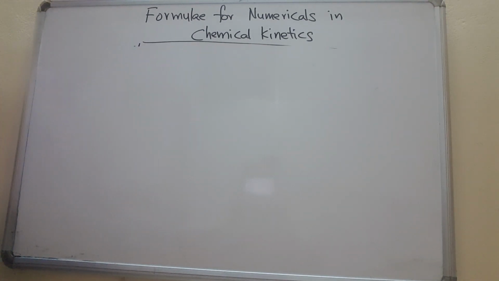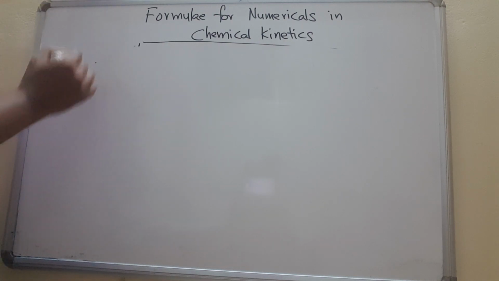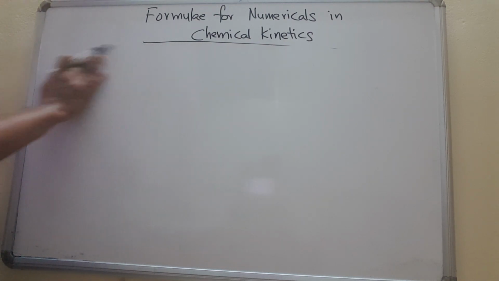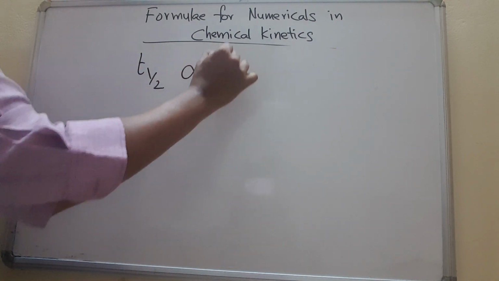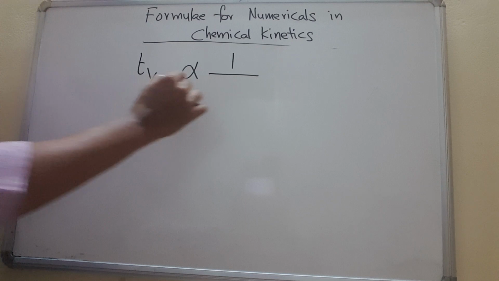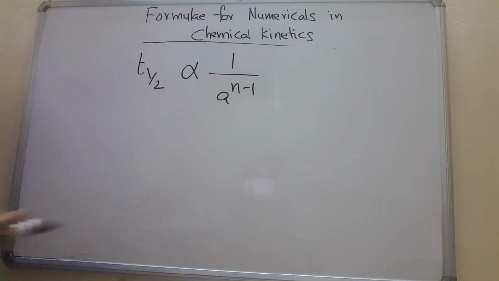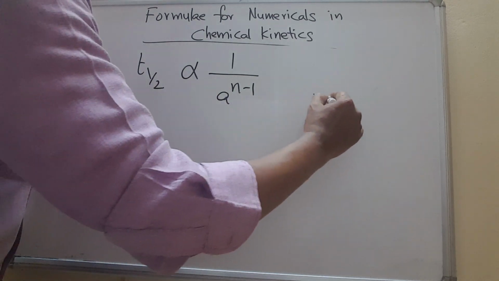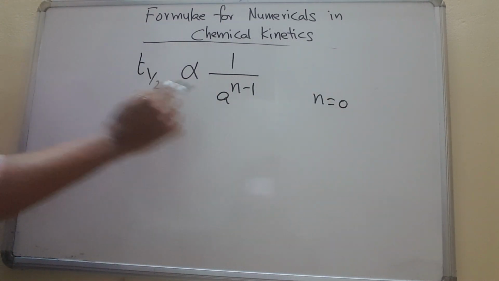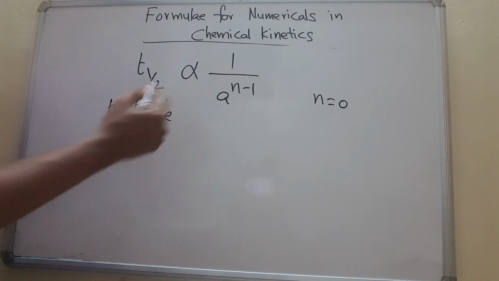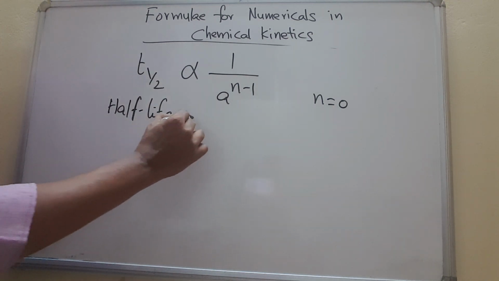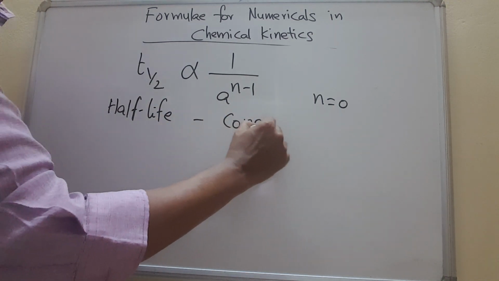And then the final thing, which is very important, is the relation between half-life and concentration: t half is directly proportional to 1 by a power n minus 1, where a is the concentration and n is the order. What is the relation between the half-life of the reaction and the initial concentration of the reactant?